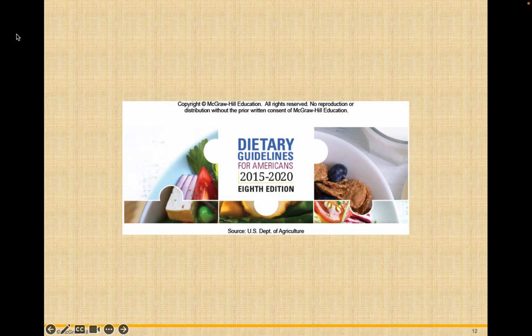Food guides like the Dietary Guidelines for Americans are provided by the government and other groups and are based on the dietary reference intakes that we just reviewed, but they're a little more consumer friendly.